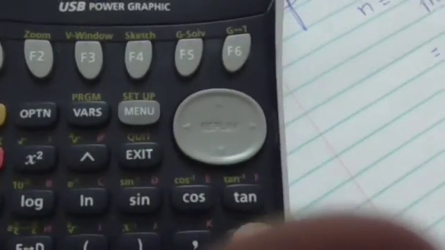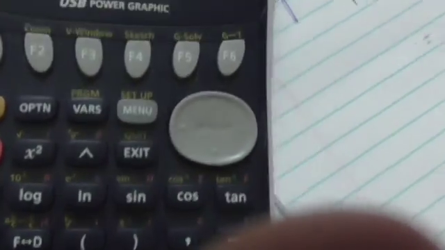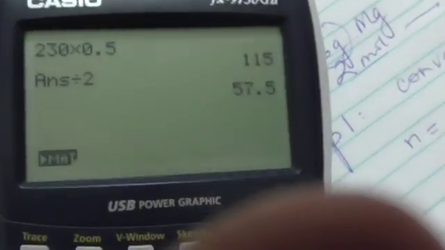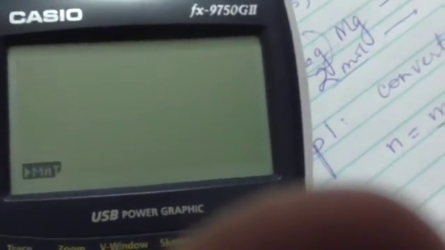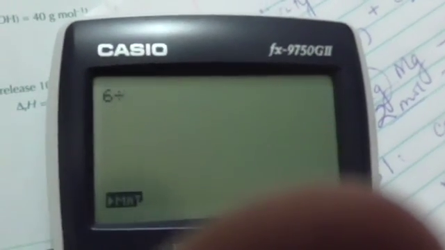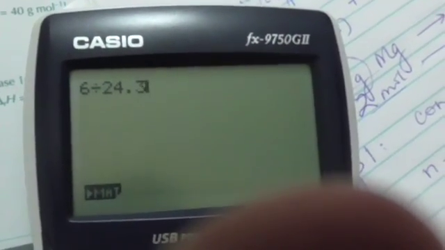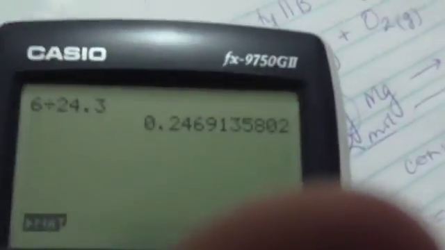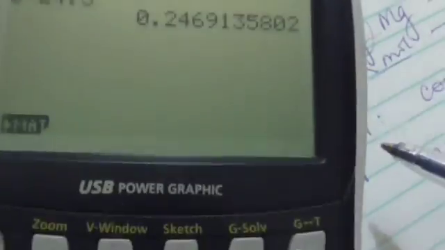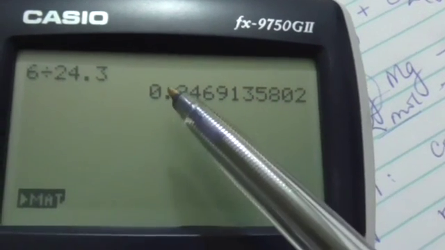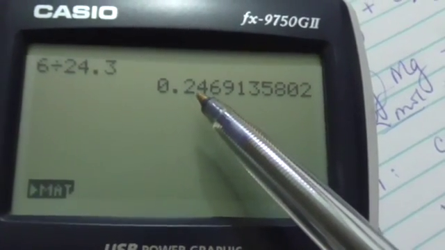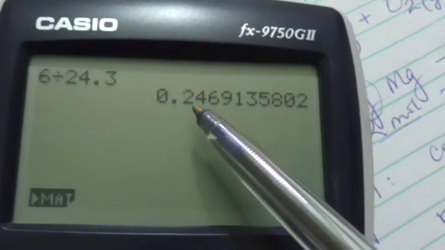I get my calculator and enter these numbers. We need to take 6 grams and divide it by 24.3. Because I've got such a big number and I'm not doing this for accuracy, I'm going to take the first 3 significant figures.